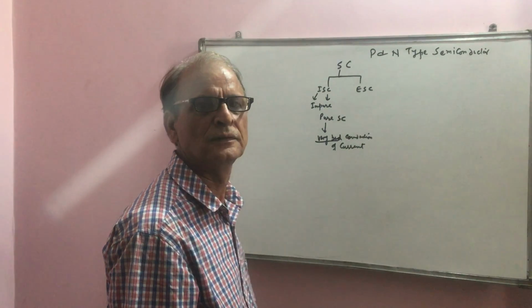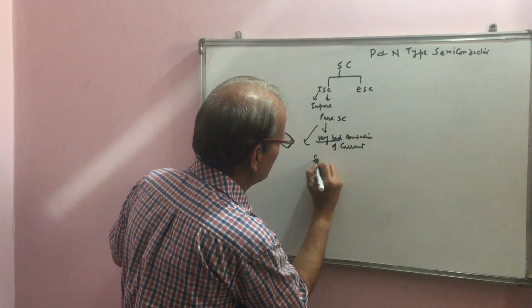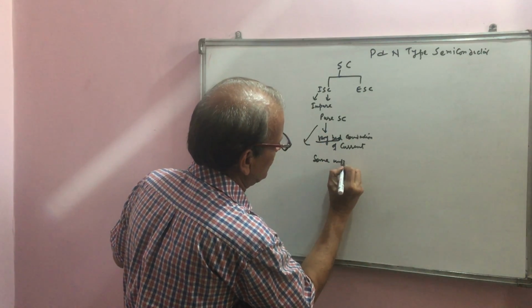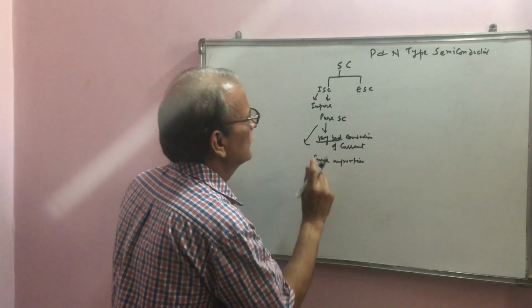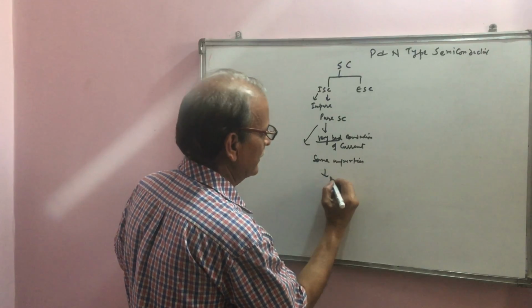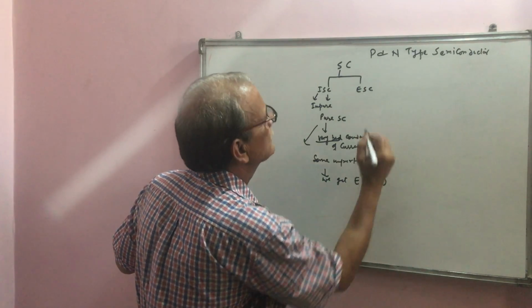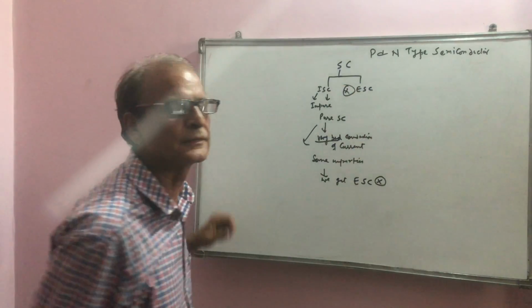But when we add some impurities in this pure semiconductor, then we get extrinsic semiconductor.